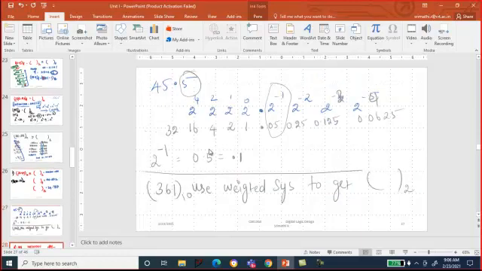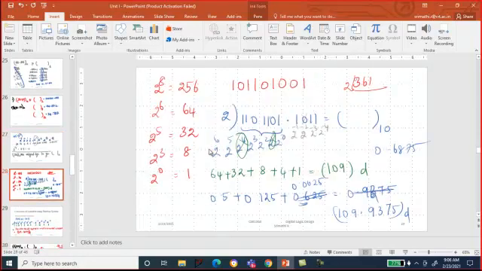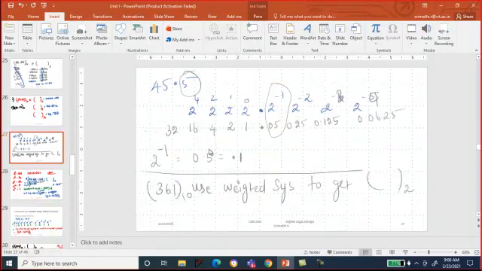Okay. And now, how to convert binary to decimal.